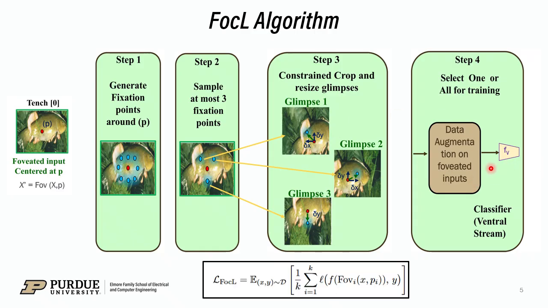Now, this gives the FocL training equation. One key point is that K is over the 3 different glimpses, so K is 3 here. Another key point is that during training, we do not shuffle across these glimpses. The glimpses are contiguous in our training set.